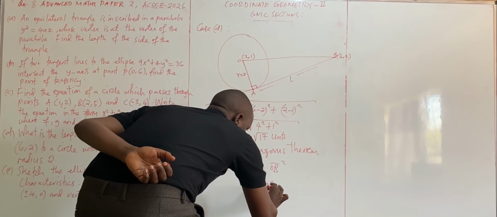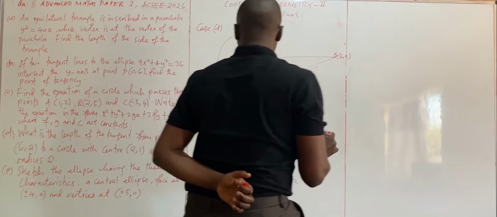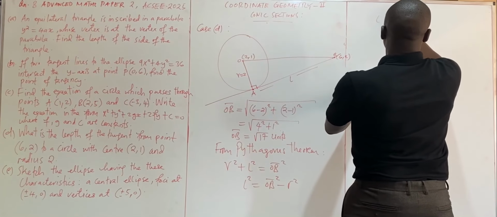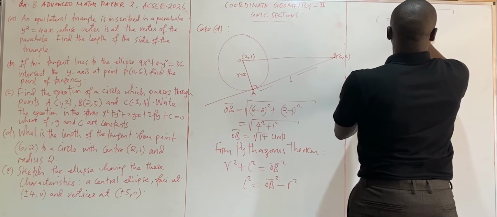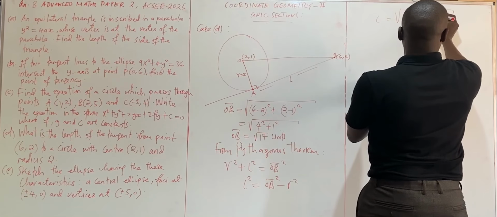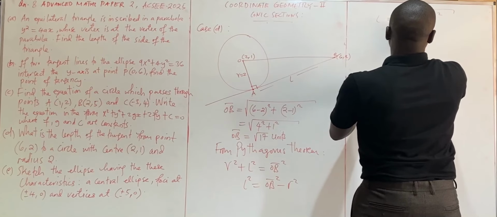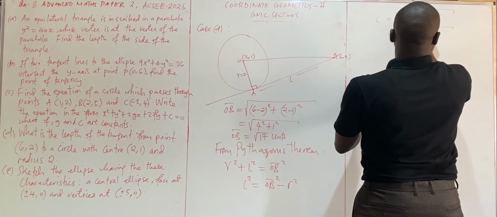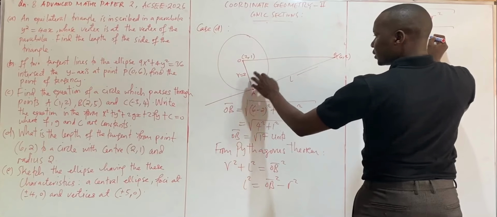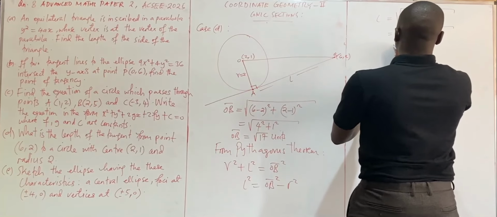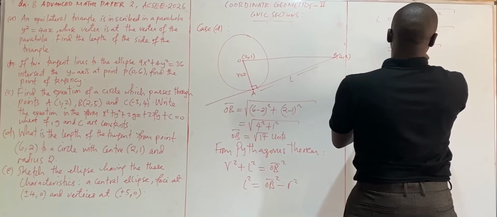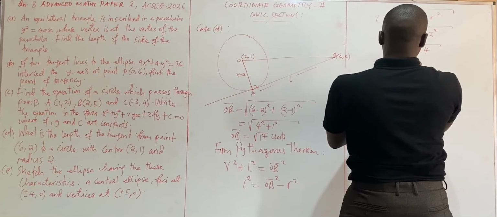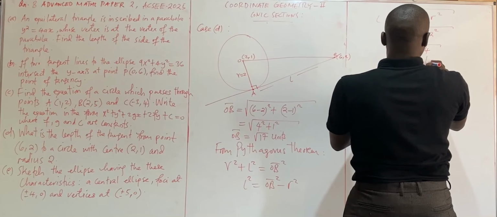So L squared is OB squared minus r squared. So L equals the root of OB squared minus r squared. Here OB is the radical of 17, so we square it, minus r, which is 2 units, so 2 squared. On simplifying, we get 17 minus 4, so we get the root of 13. So that will be the length of the tangent.